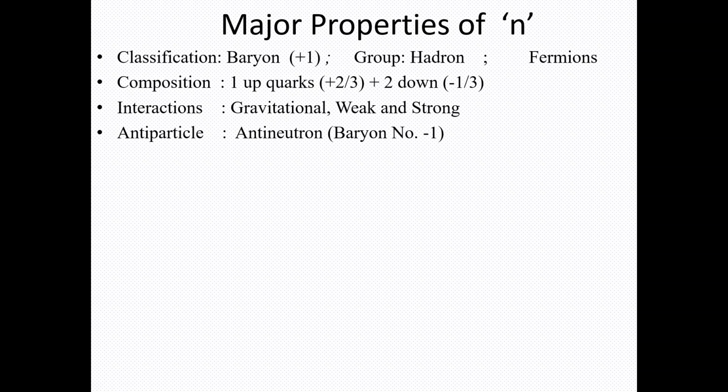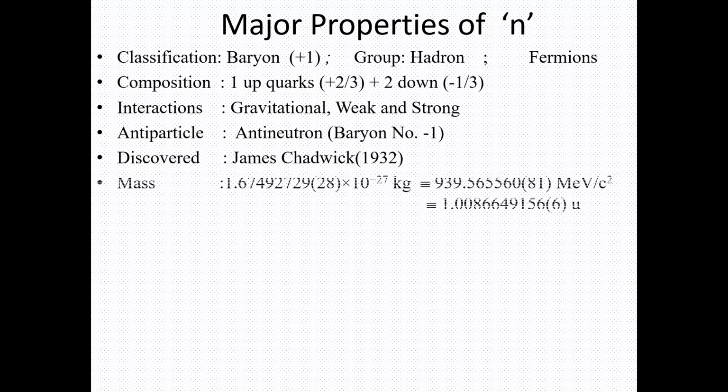The antiparticle of the neutron is called the antineutron, which is also a baryon, with baryon number equal to -1. The neutron was discovered by James Chadwick in 1932.